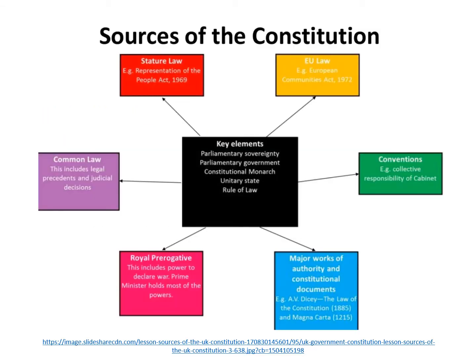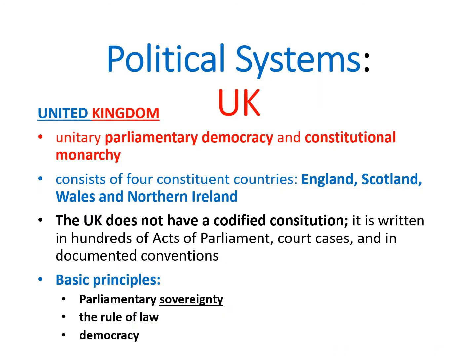That is to say, there is no codified or written constitution as such, but a constitution exists because it is composed of several individual elements, written and unwritten, from the course of history of England and the United Kingdom. The basic principles of this country are sovereignty of the parliament, the rule of law, and democracy.